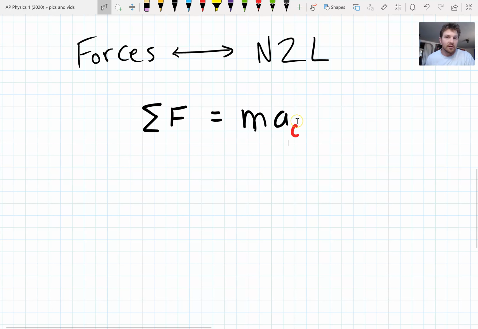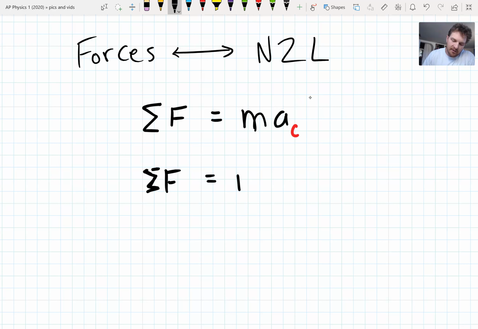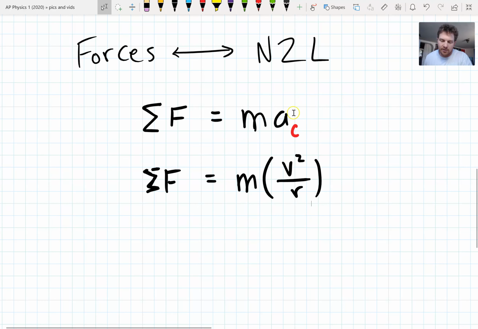Like if you know what the acceleration is, you're good. You can just use Newton's second law as it is. If we don't know, what we can do is still look at the net force involved, and that is equal to mass of whatever object you're analyzing. And then the equivalent expression for centripetal acceleration right here is the tangential speed or velocity squared divided by the radius of the circular motion.